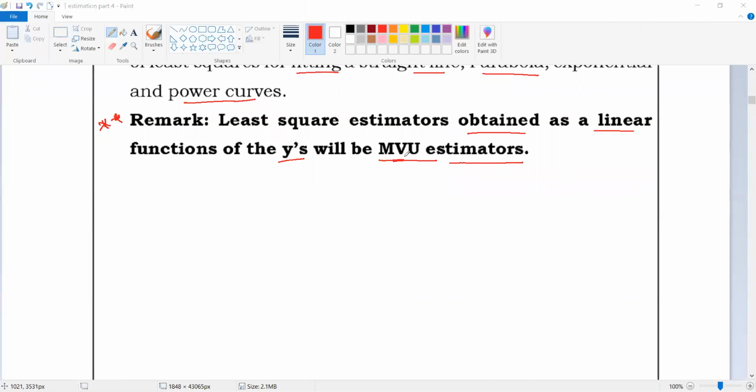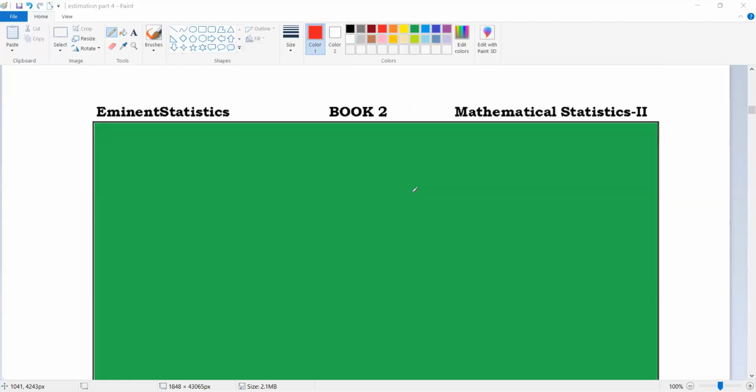Next, several examples. Problems on MMEs, problems on the method of moments.